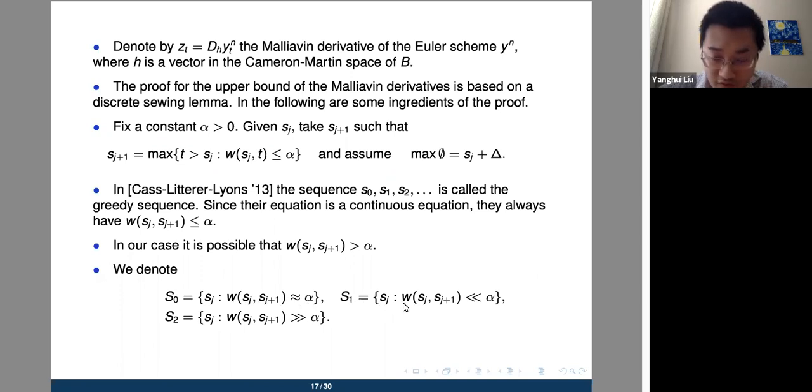We may also have the case when the step is very short. So this is a small step. That's when it is much smaller than alpha. And the last case is the case when the set is empty. We already mentioned here, if the set is empty, it's possible that W(s_j, s_{j+1}) is much bigger than alpha. So we just categorize the s_j into three groups.